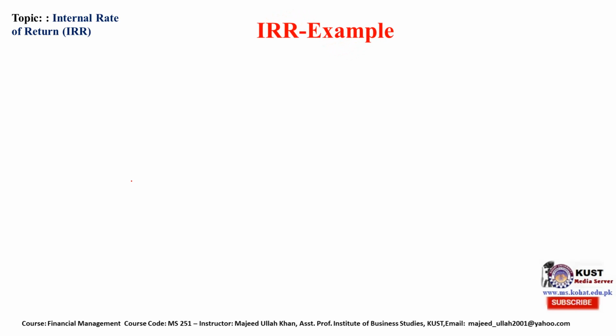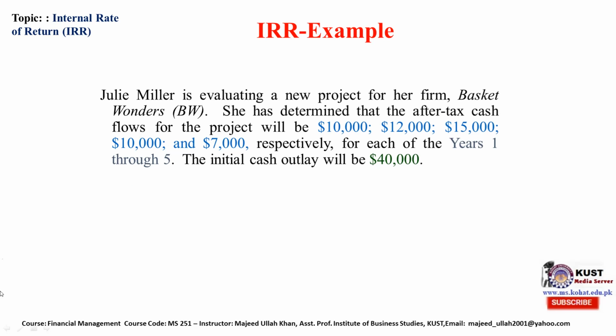Now we will discuss an example, and we will explain the IRR calculation with the help of this example. Julie Miller is evaluating a new project for her firm, Basket Wonder. This Basket Wonder, BW, is the firm of Julie Miller.